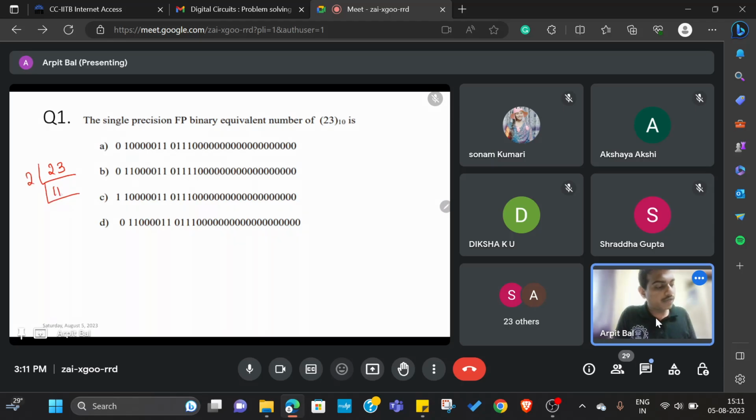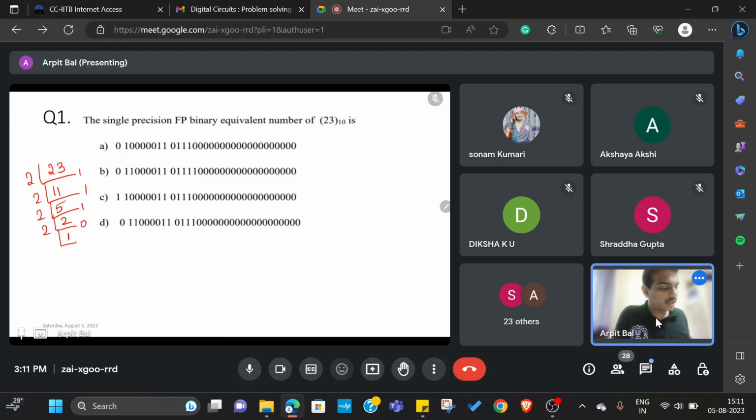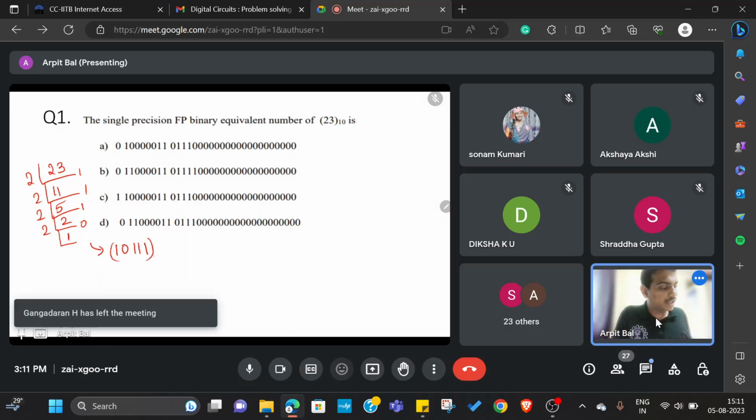If we divide it repeatedly, the representation is 10111, the binary representation.